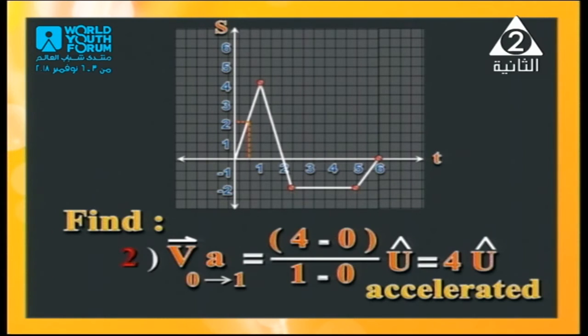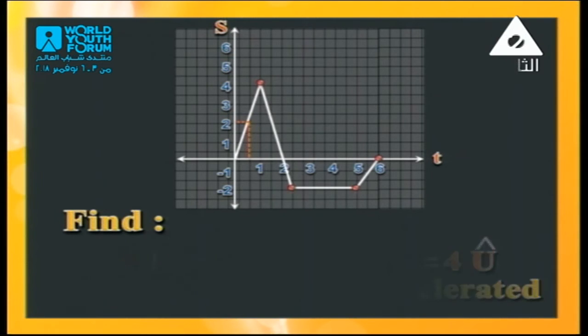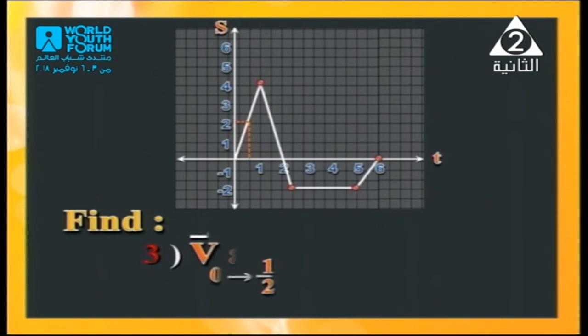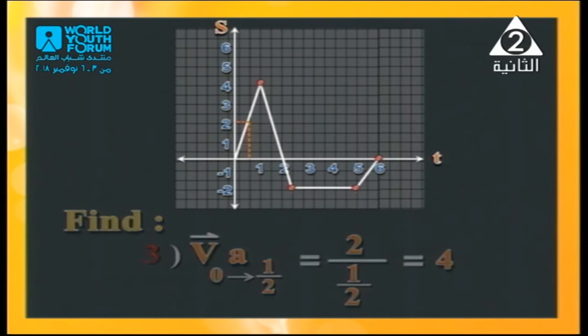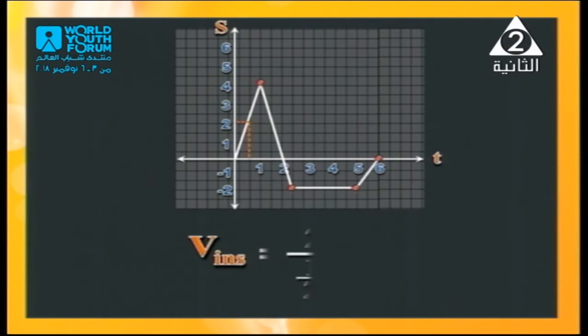Because VA is positive, more than 0, so it is accelerated. If VA is smaller than 0, it is decelerated, or retardation. VA from 0 to half equals 2 over half equals 4. This is the velocity after half a second.